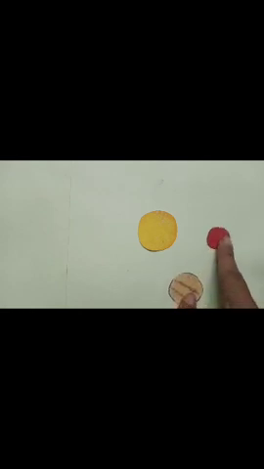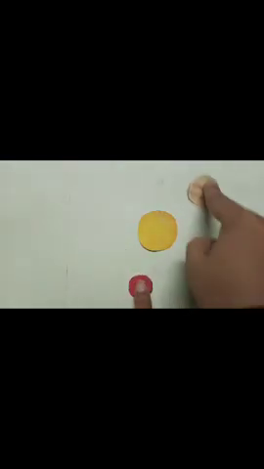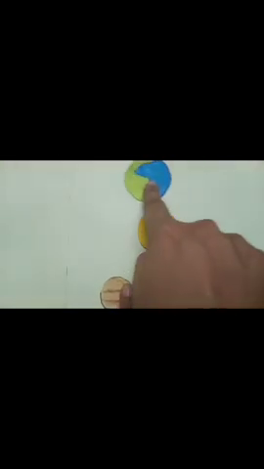Now we all know that sun is a star. The planets that are present, they rotate around themselves as well as they revolve around the sun. Earth is also a planet, so Earth also revolves around the sun.